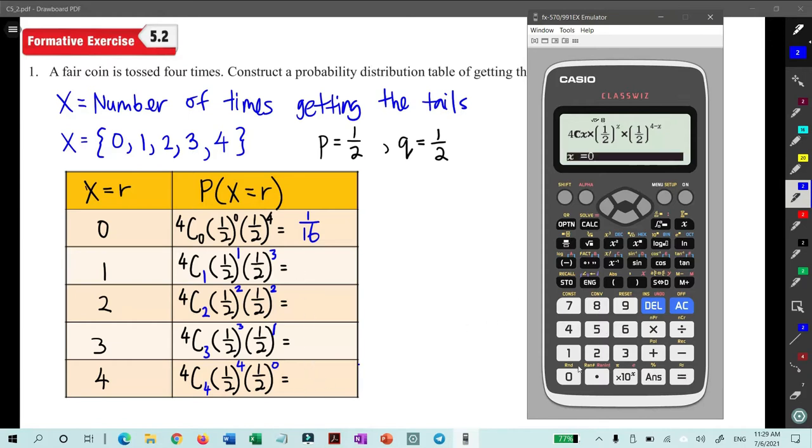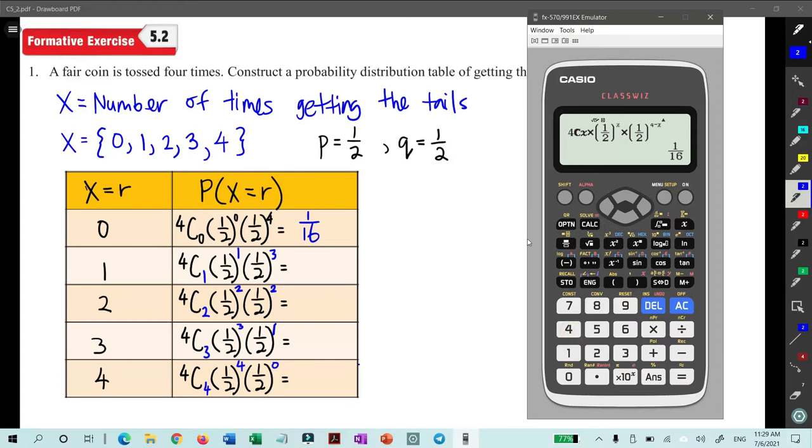using the calculator. So I simply change the value of x to 1. I get 1 over 4, and then when it's 2, the value is 3 over 8, and when we change it to 3, we get 1 over 4, and then when we change x to 4, we get 1 over 16.